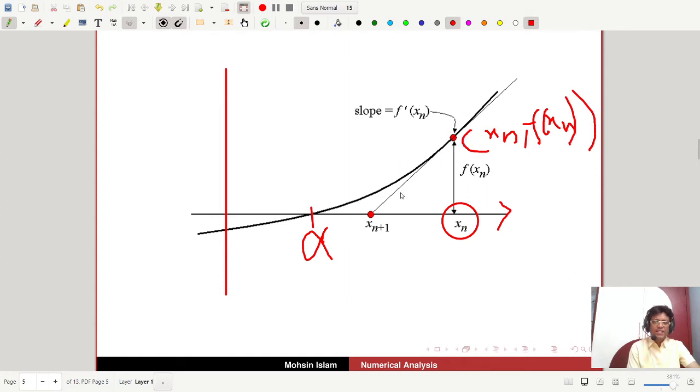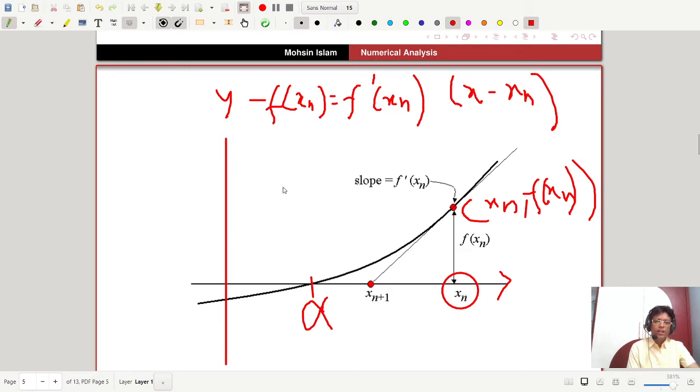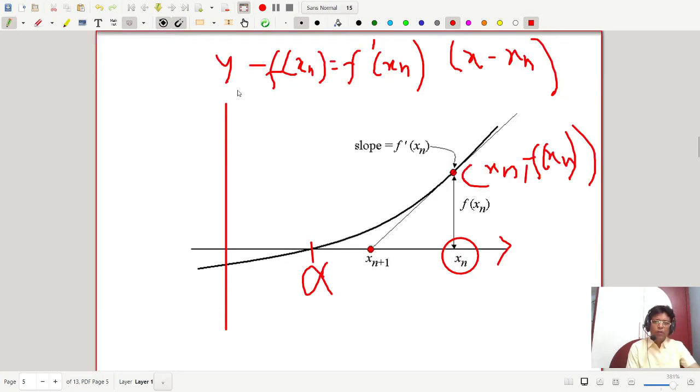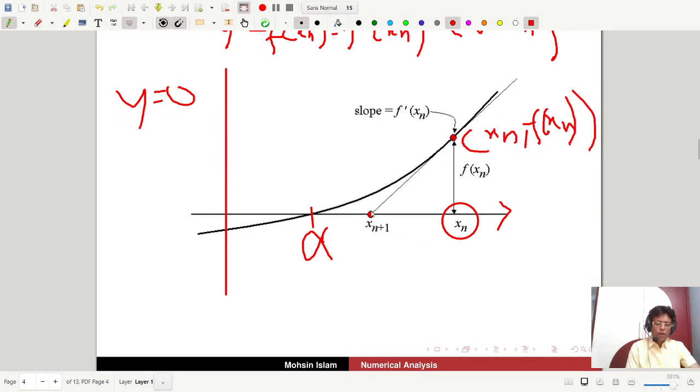The tangent at (x_n, f(x_n)) is y - f(x_n) = f'(x_n)(x - x_n). This is the equation of the tangent. At which point does it cut the x-axis? Substitute y = 0. So y = 0 gives you the point x = x_n - f(x_n)/f'(x_n). This gives you x_{n+1}.